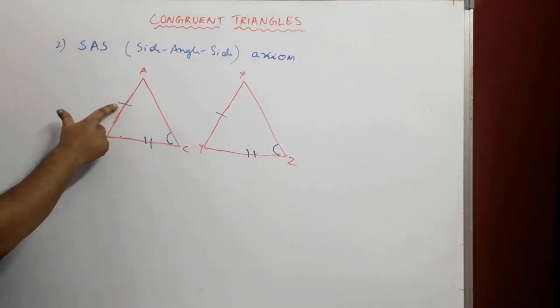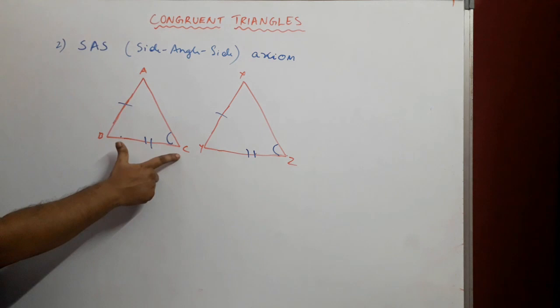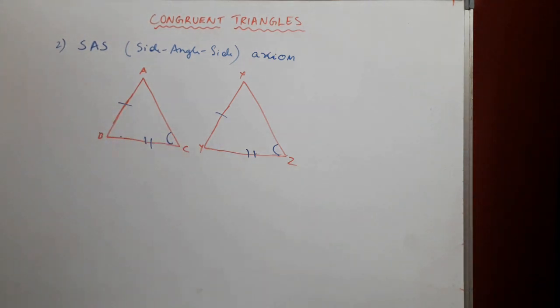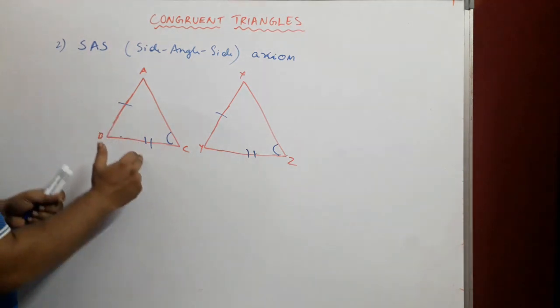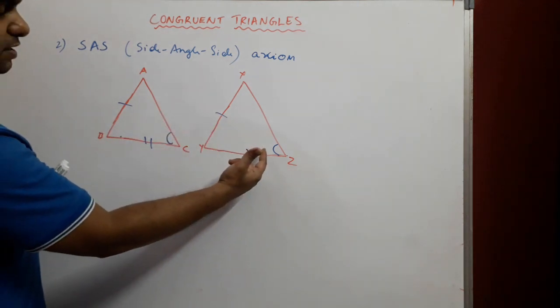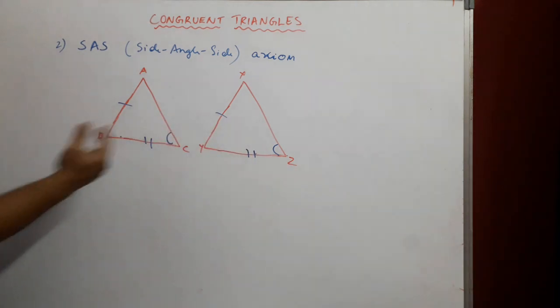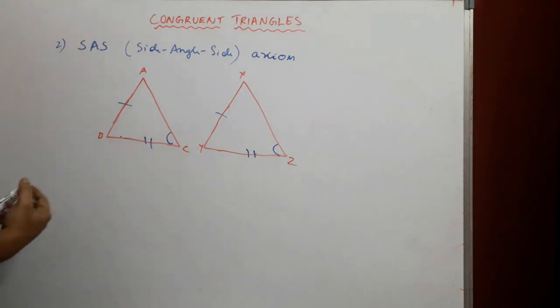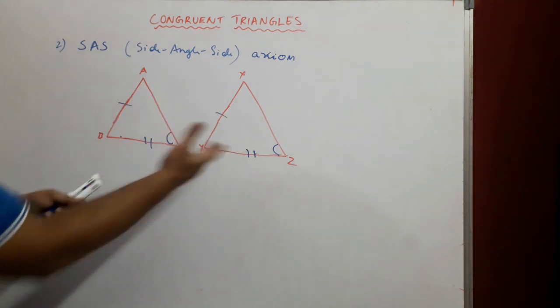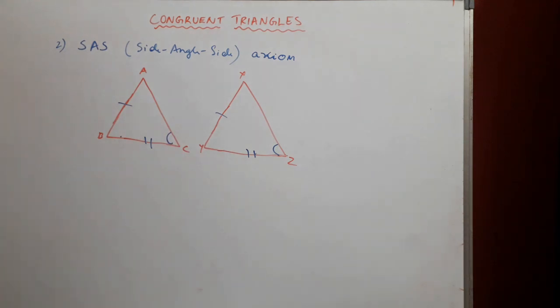Here it is side, side, angle, or angle, side, side, and we don't have such a congruence rule at all. So though we have two corresponding sides equal and one corresponding angle also equal between these two triangles, we cannot say that these two triangles are congruent.